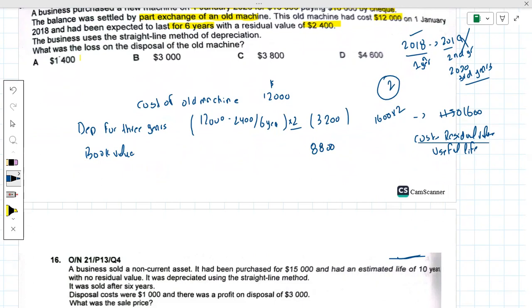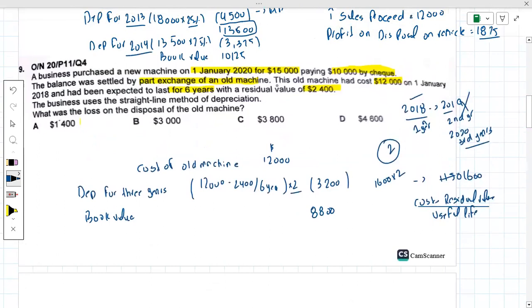So since its sale proceed was, as you can see, we purchased a new machinery for $15,000, and from $15,000 we paid $10,000 to the person, it means that this machinery's sale proceed was $5,000.